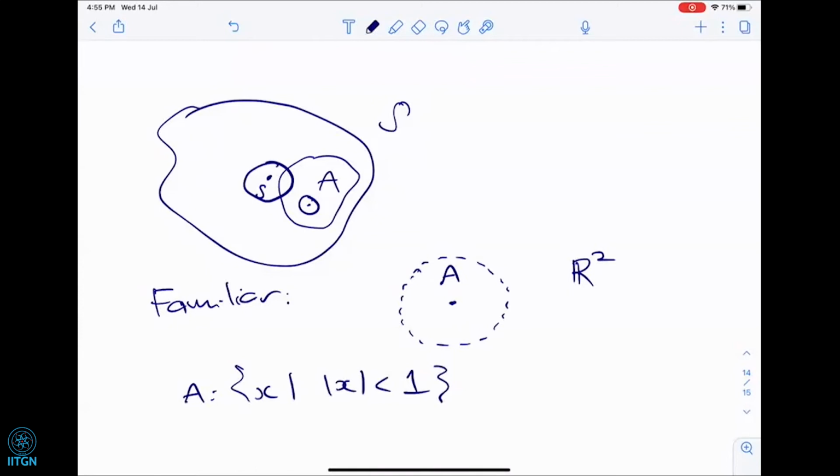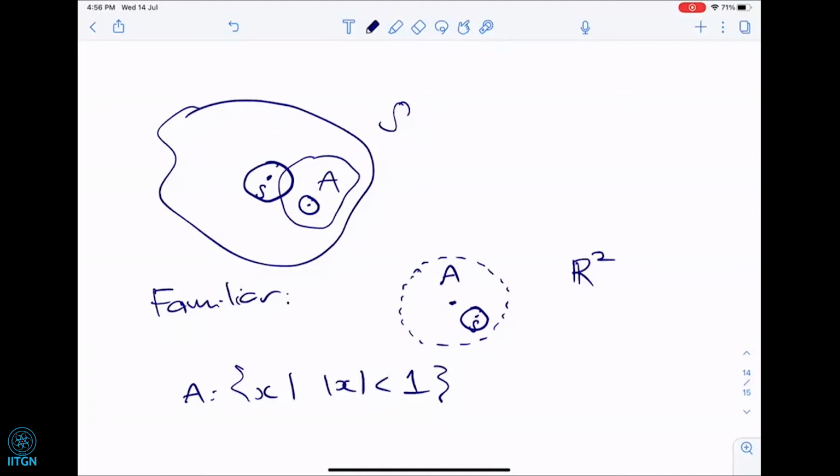Now, let me take my point S here. S is itself a point whose position vector has mod less than 1. Now let me take any open set in which S lies, and let me remove S, only the rest of that open set.